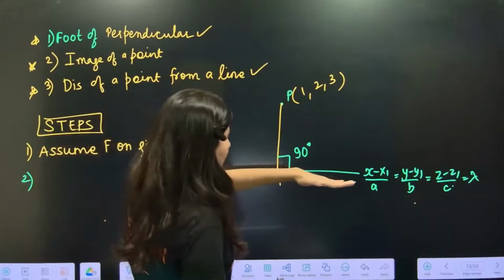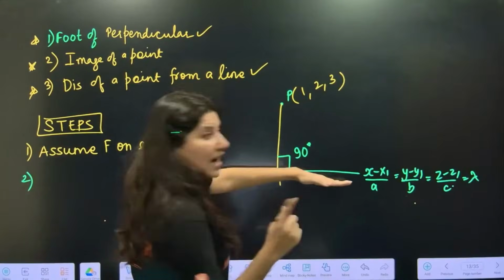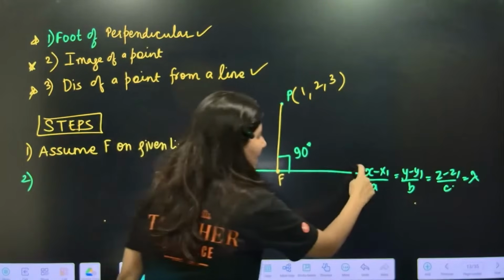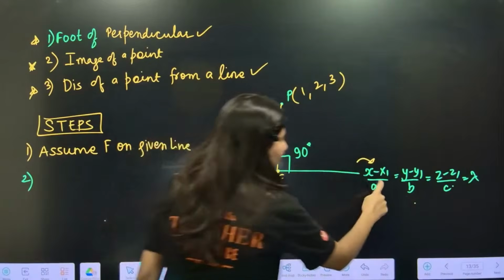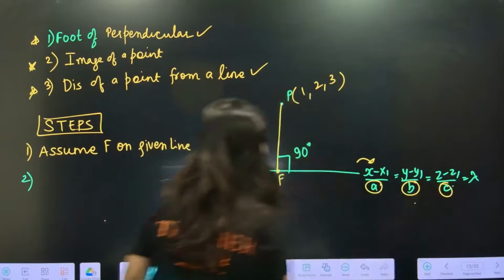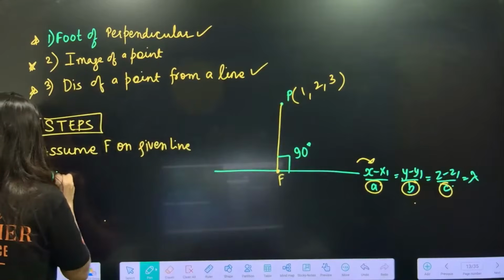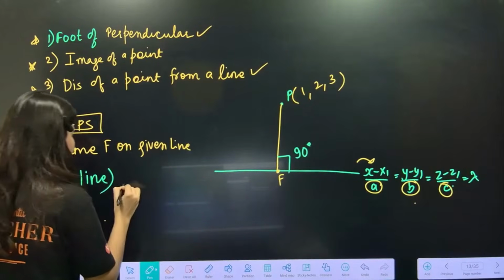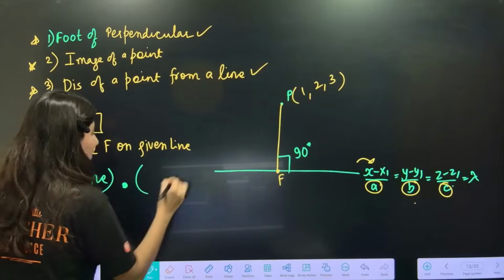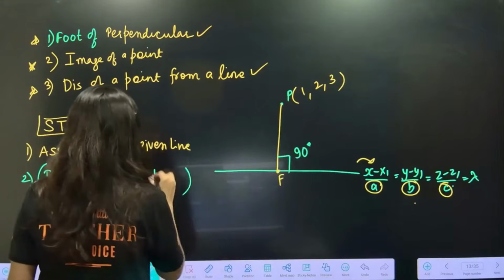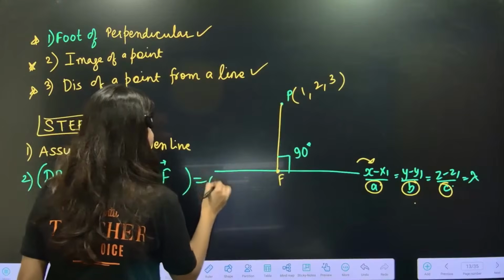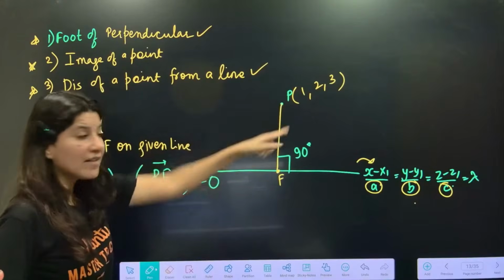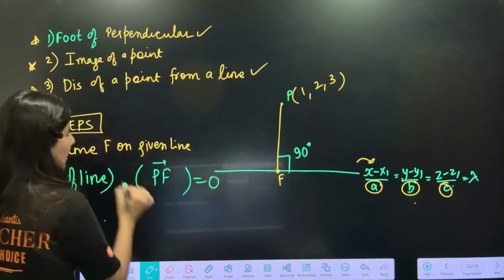This line has direction A, B and C. That means the direction ratio of the line should be taken dot product with the PF vector, and that should be 0.